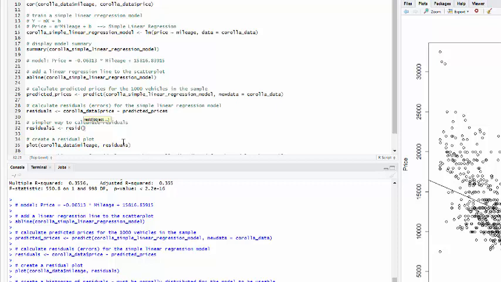So my model is called Corolla underscore simple linear regression model, right? That's it pretty much. So it's a simpler way to calculate exactly the same result. All I do is say resid of that model. And internally, the function calculates predictions, actual minus predicted, and keeps that all in the data structure called residuals 1. That's the name that I gave.